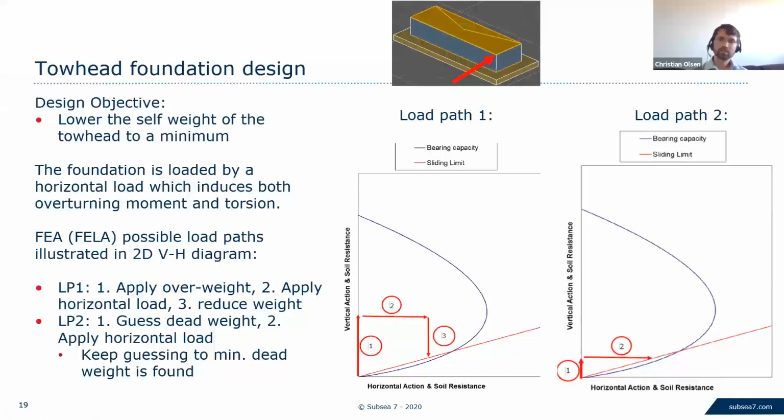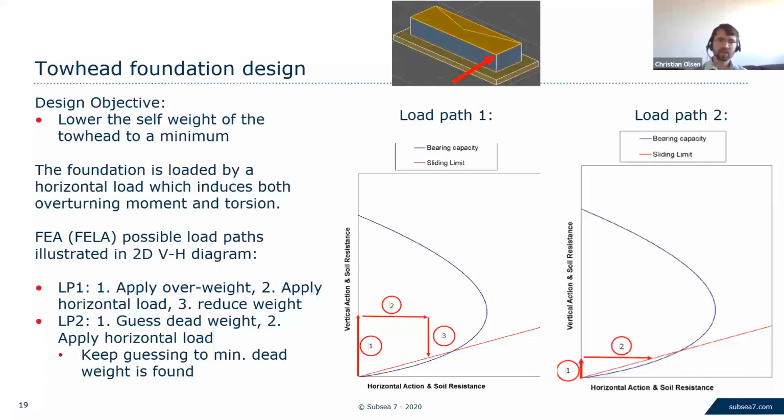To then find the minimal weight, I propose there are two load paths to be followed. It's illustrated in a 2D VH diagram, which is maybe a bit incorrect for this application, but it really illustrates it well. The idea is that we need to have as little self-weight as possible. So first we apply an overweight.